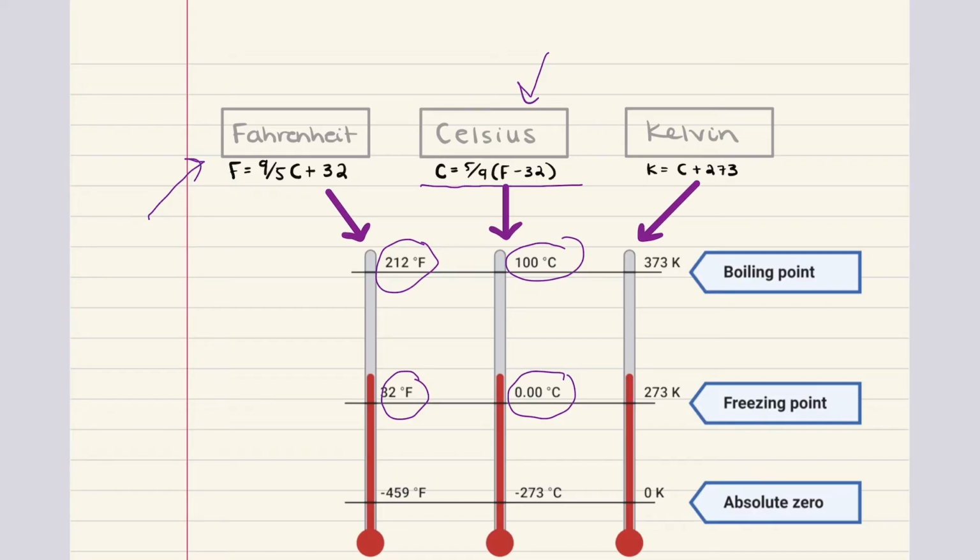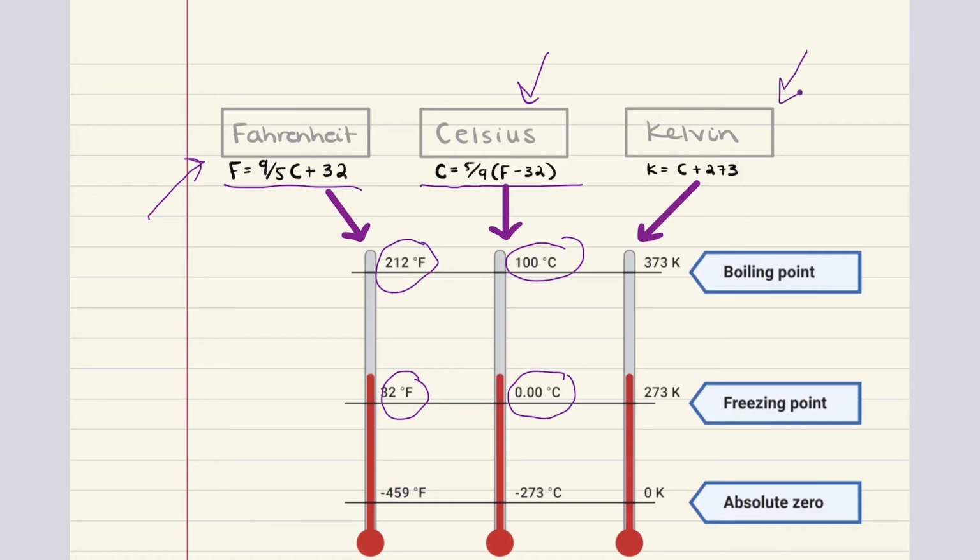Although less common outside the United States, understanding the Fahrenheit scale is important, particularly for comparing temperature data from different regions or sources. If you know your temperature in Celsius, you can convert it to Fahrenheit using this equation right here. 9/5 multiplied by Celsius plus 32 gives you your temperature in Fahrenheit.